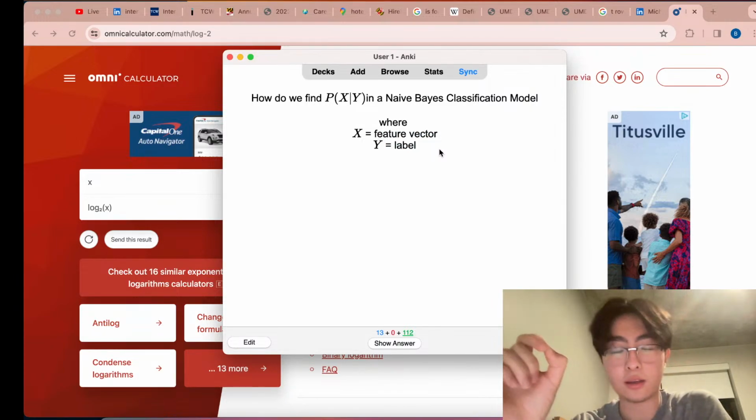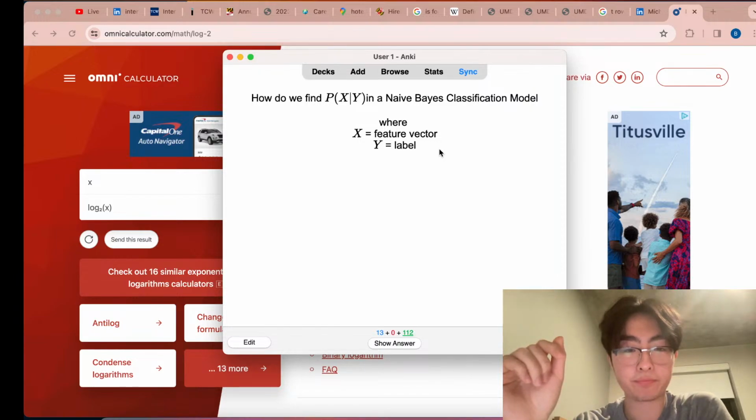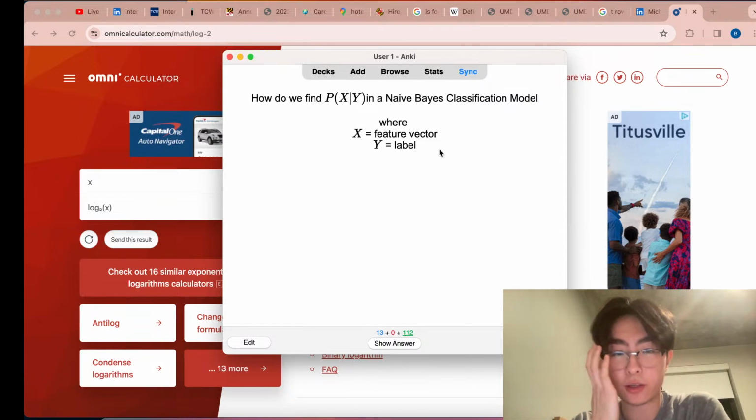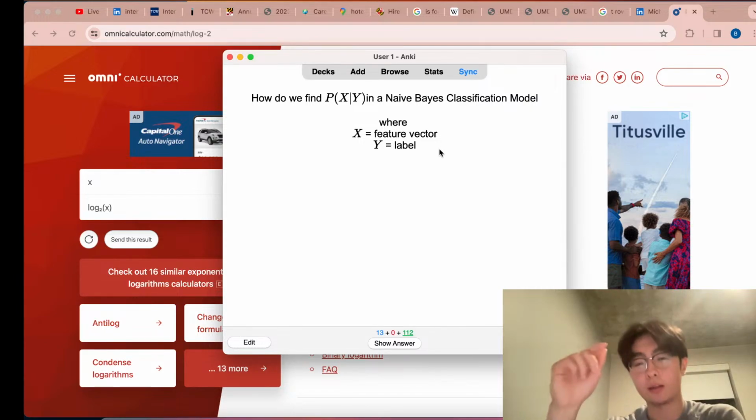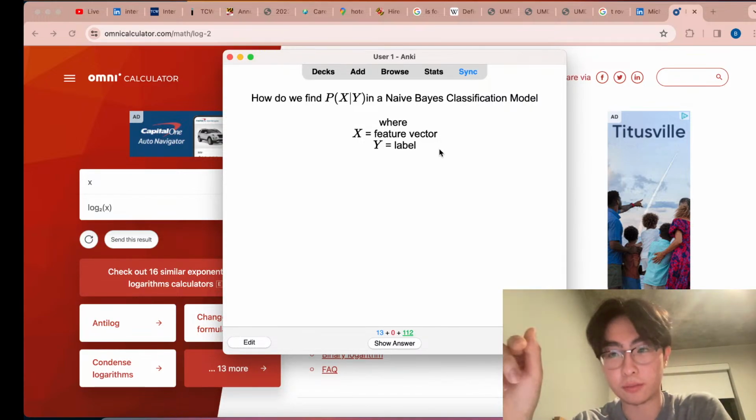So we find the conditional probability of this by finding the probability of x is equal to some feature value times the probability of y given x is equal to some feature value, divided by the probability of y is equal to some label.